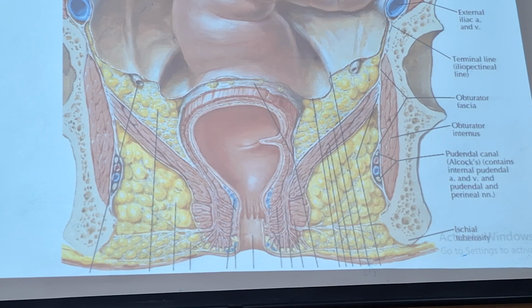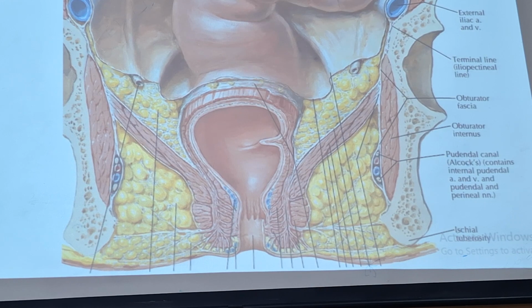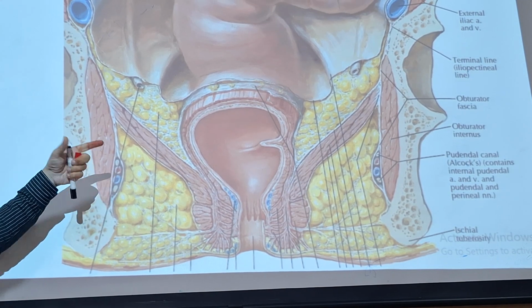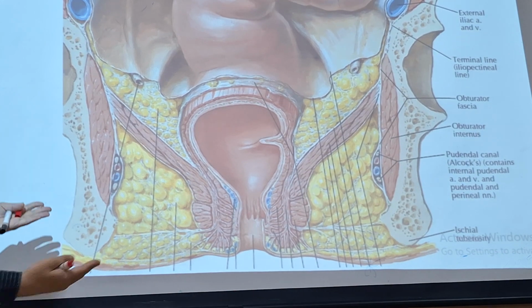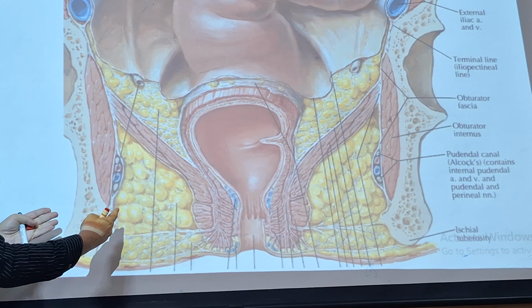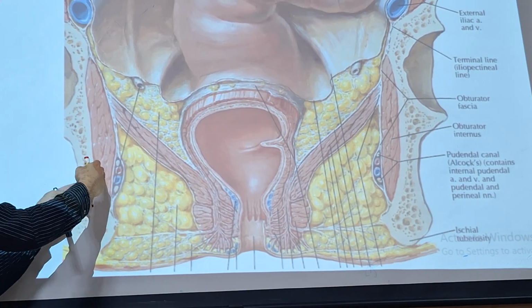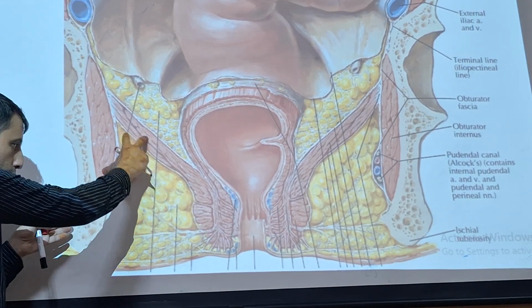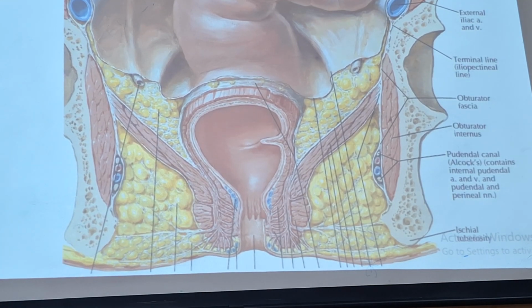After arriving at the gluteal area, it turns around the ischial spine and then arrives at the perineal part. At the perineal part, you can see this neurovascular bundle in the lateral wall of the ischio-anal fossa.